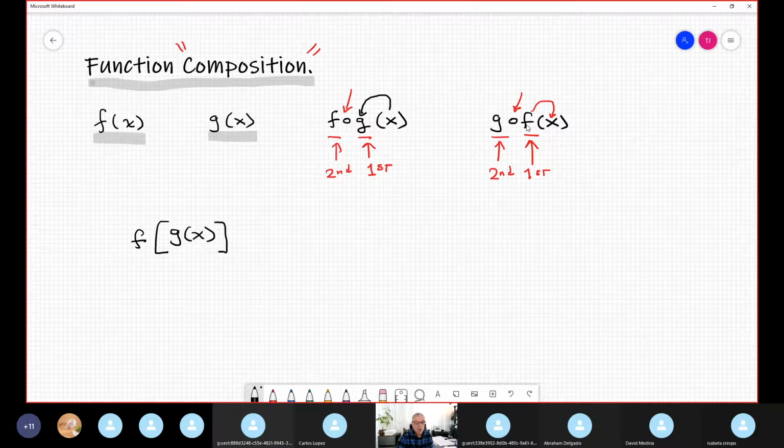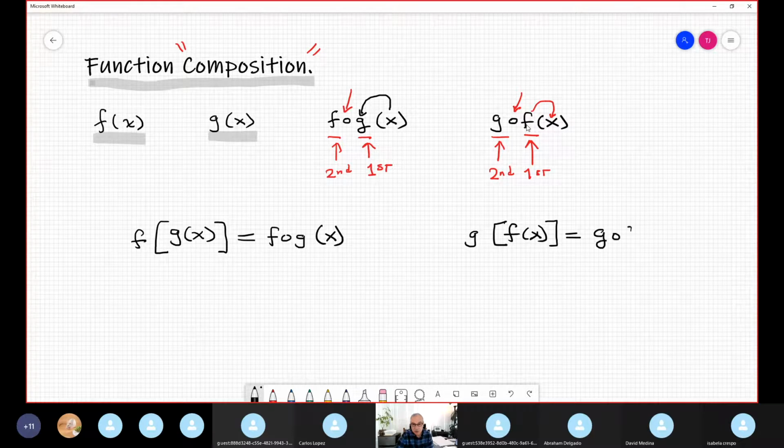Okay, this is the interpretation of f composition g. And this is different. Here you evaluate first in f, and the result you evaluate in g. This is g composition f.